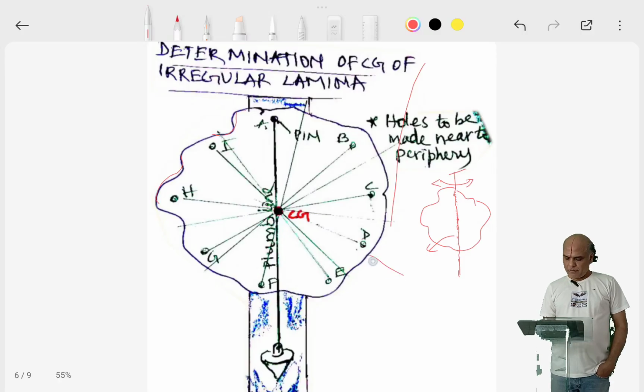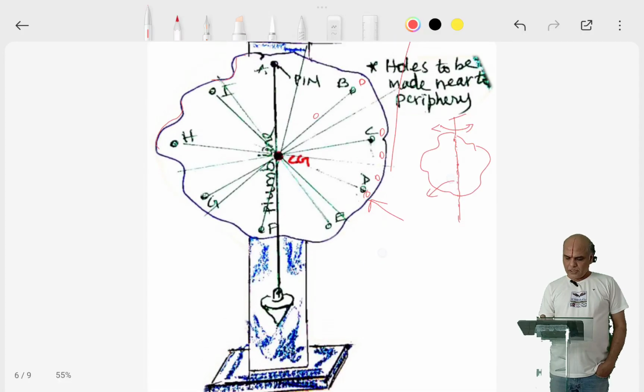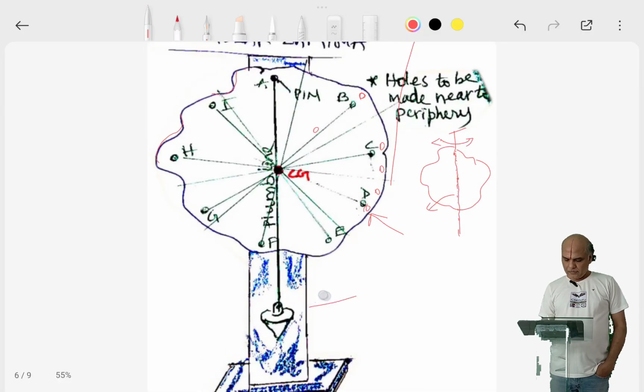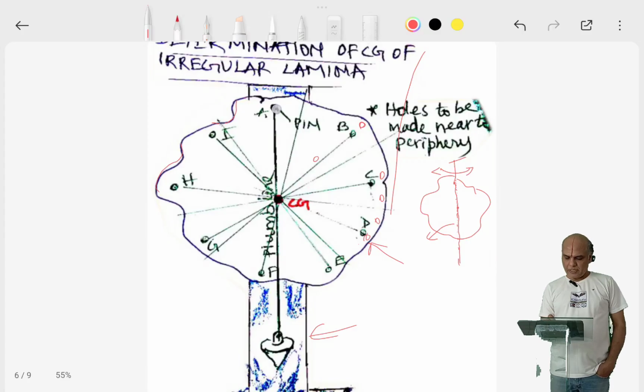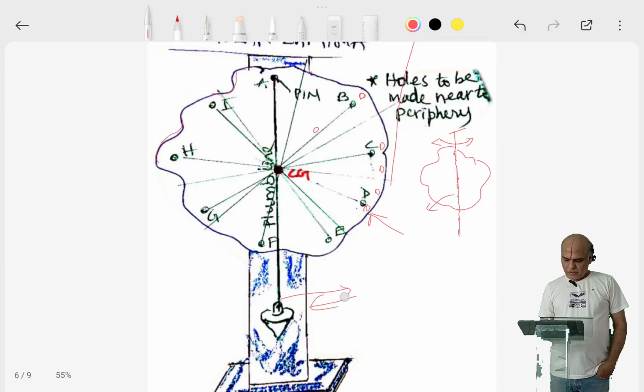This property is used to determine the CG of an irregular lamina. Given an irregular lamina like this, make a series of holes all along its periphery. The closer to the periphery the better, so don't make a hole here, but very close to the periphery, somewhere here. Then consider a stand like this, which has a peg here. Hang the irregular lamina on this peg using the first hole, and use a plumb line to draw a vertical line.